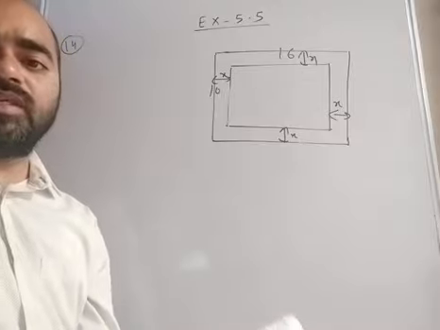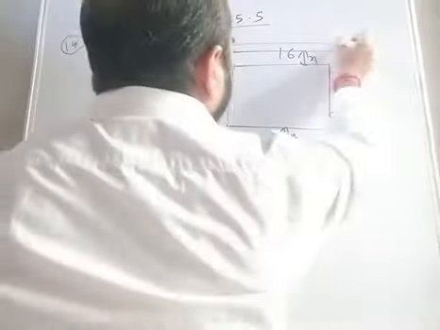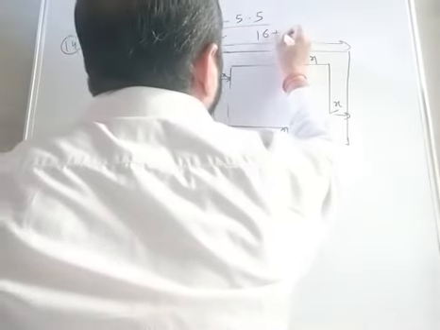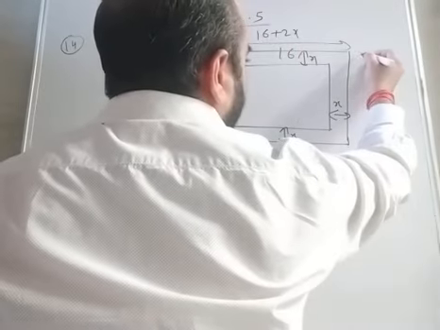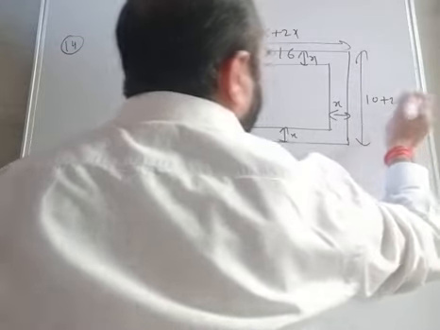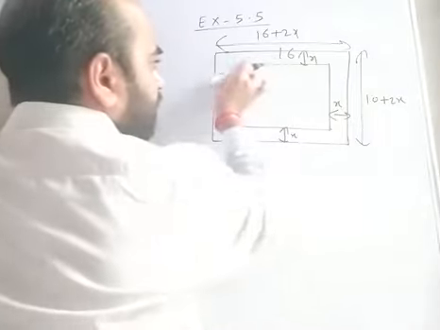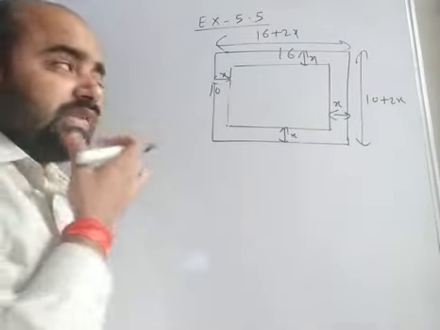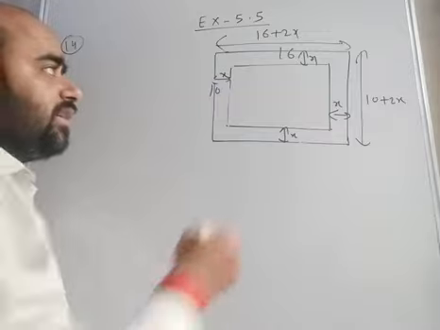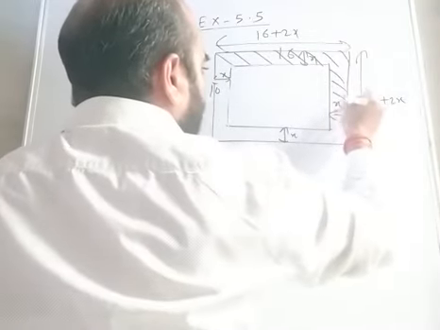What are the dimensions of the bigger and smaller rectangles? The bigger will become 16 plus 2x by 10 plus 2x, that is x plus x, 2x. Now how to find the area of the walk? This is the walk.